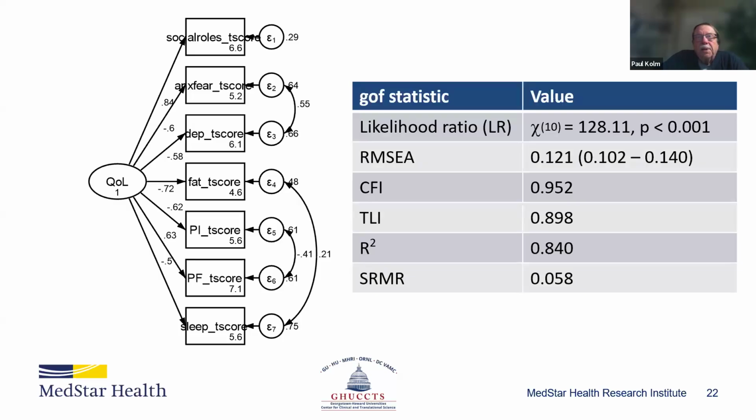We have really good statistics for the fit indices and the R squared, and the 0.058 for the SRMR is pretty good, not too bad. So we have some really good statistics for the fit indices, but because our chi-square is significant, our model is not a good model to use. That is, we can't use the 7 domains to identify one latent variable, and I believe that's why each of the domains is typically analyzed separately.